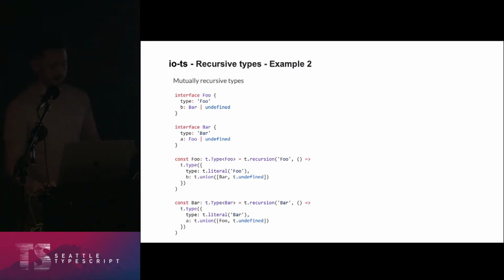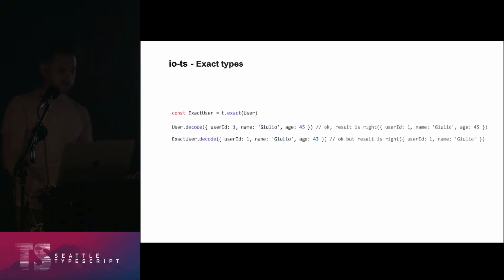Then the next example is mutually recursive types. I guess it's very similar to the other one, but I don't know when in practice you'd have this. If you have two types that can have each other as a property, then you'd need this utility method. Exact types means you don't allow extraneous properties.